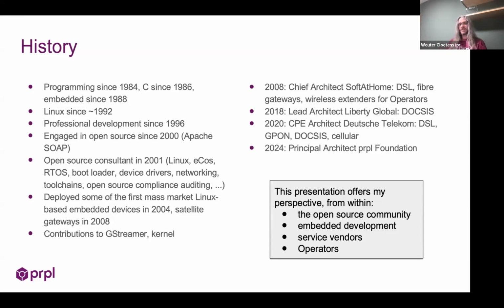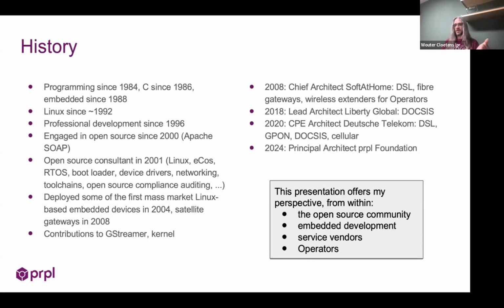So in 2008, I hopped from that open source world to the proprietary world, figuring that I can change things from the inside. So I became the chief architect, gateway architect of Softathome. This was DSL gateways, fiber gateways with wireless extenders, specifically for internet service providers, for operators. So that was the introduction in that world.